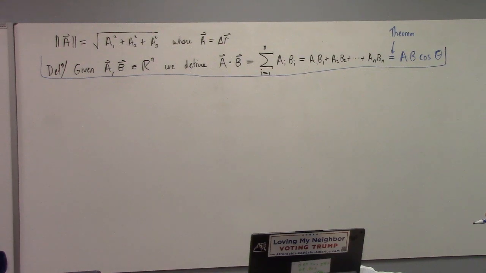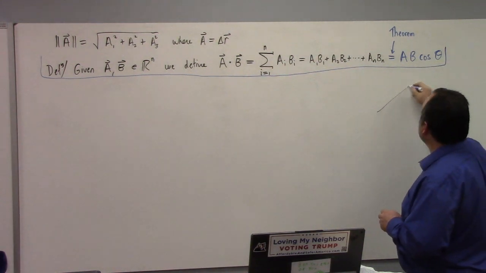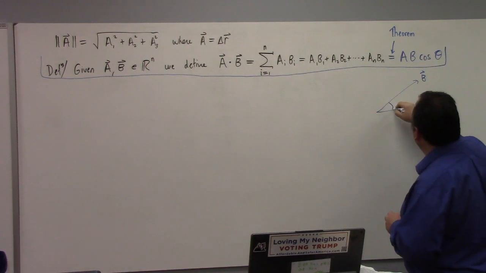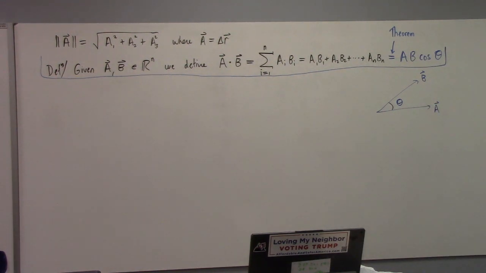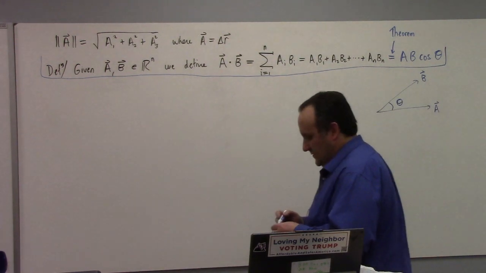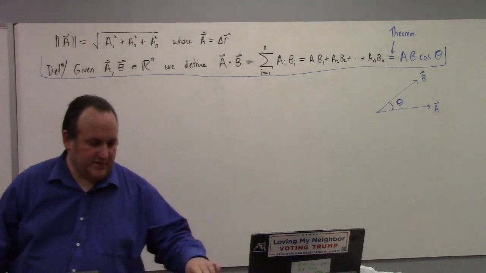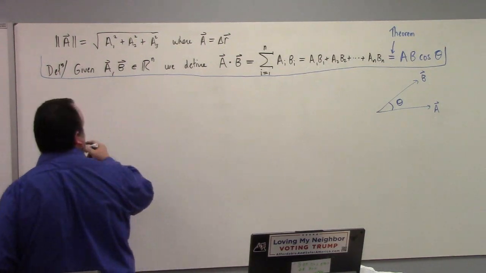So that actually defines for us the angle between the vectors. If this is vector A and this is vector B, the angle between them, theta, is given to us by the dot product. I used the word perpendicular a few minutes ago, but now I can give you a specific definition.